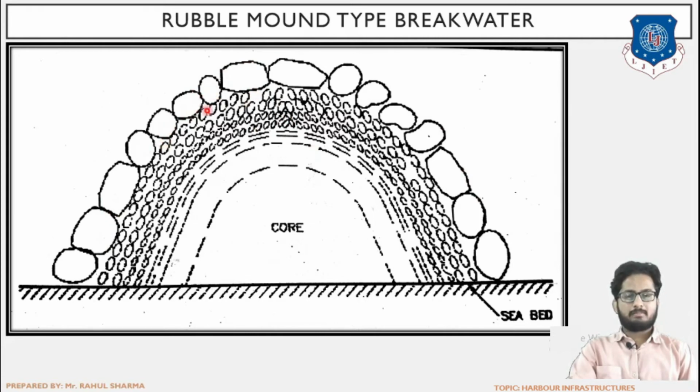As you can see, there are various voids, that is the empty space, so that is not possible. So these are the various layers of a rubble mound type breakwater.